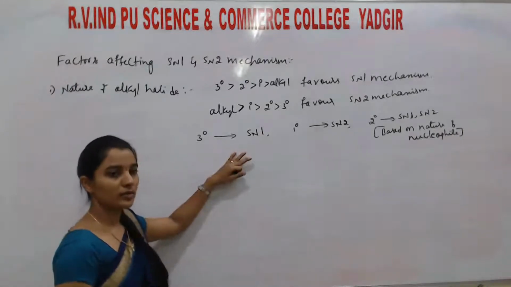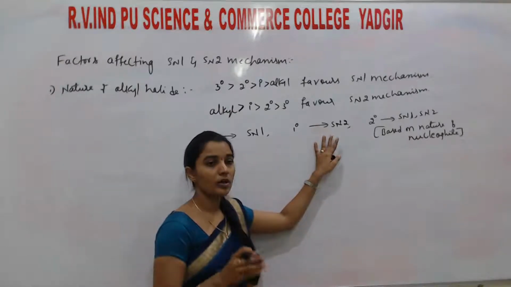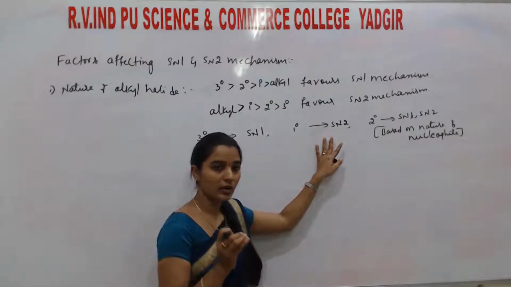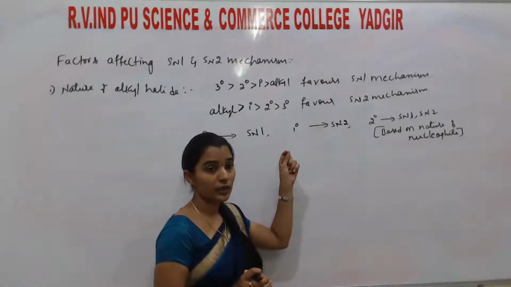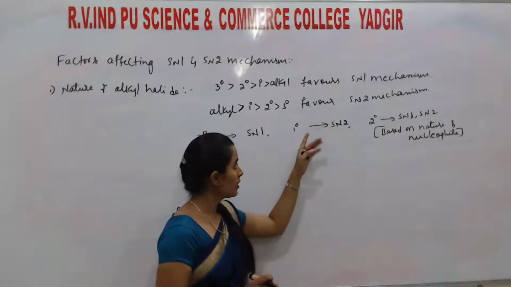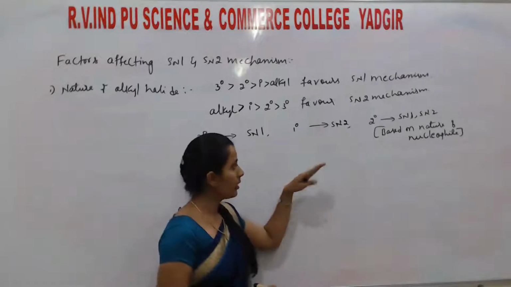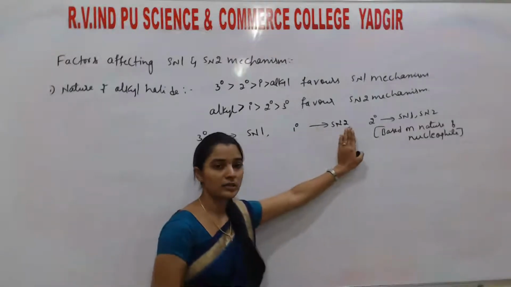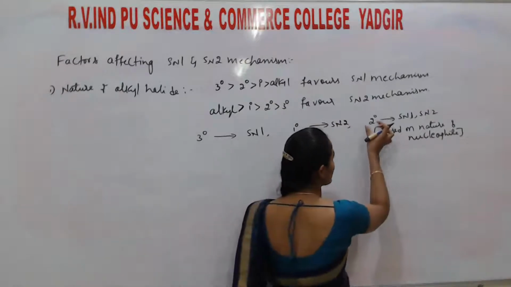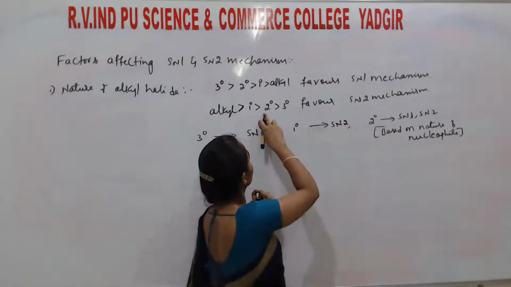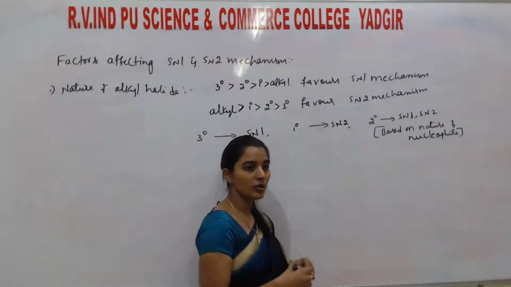It directly gives SN1 mechanism. If it is primary, we don't bother about the nature of nucleophile, whether it is strong or weak, or the concentration is more or less. It follows SN2 mechanism. When we come to secondary, it may show SN1 as well as SN2 reaction.